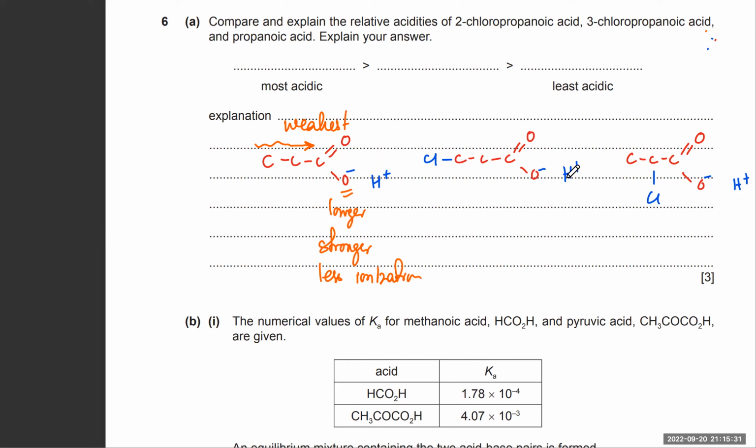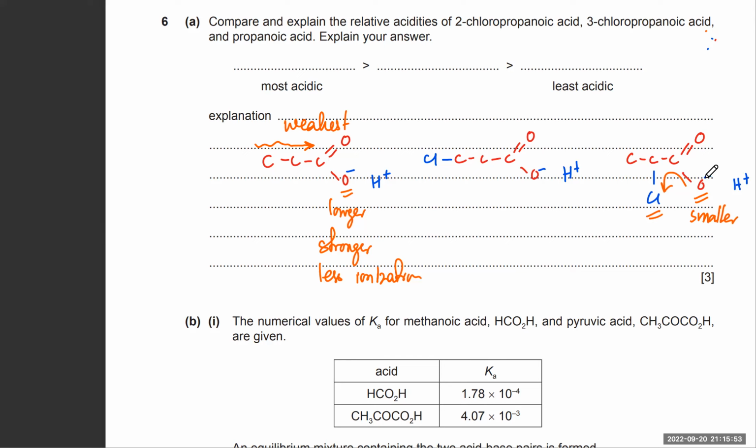What about these two? Both of them have an electron withdrawing effect, but remember, if the Cl is closer to the carboxylic acid group, the Cl is electron withdrawing, right? So the negative charge over here will be smaller. Why is it smaller? Because the Cl is pulling electrons away from it, right?